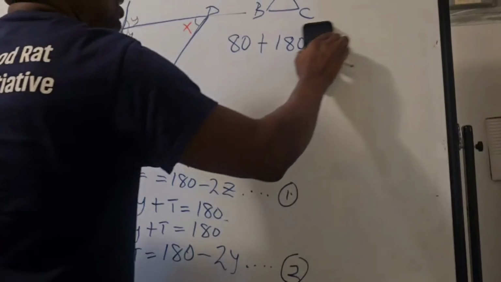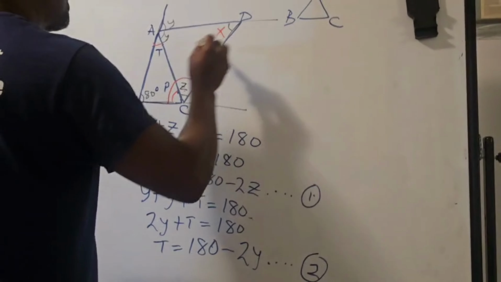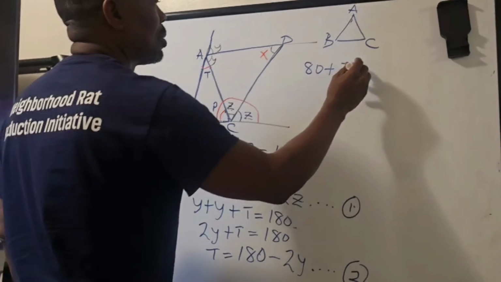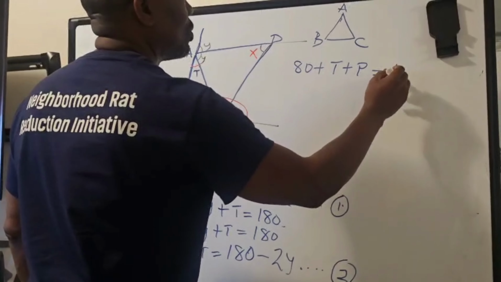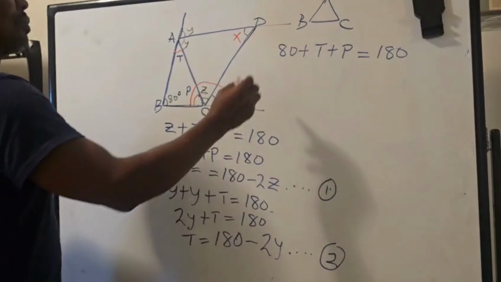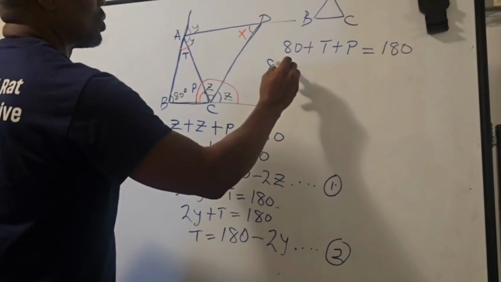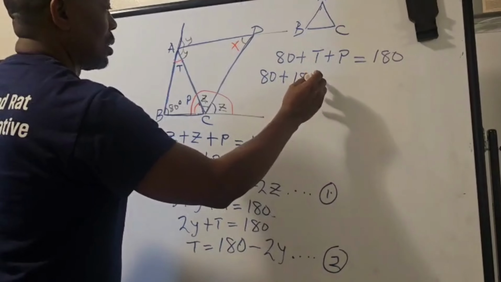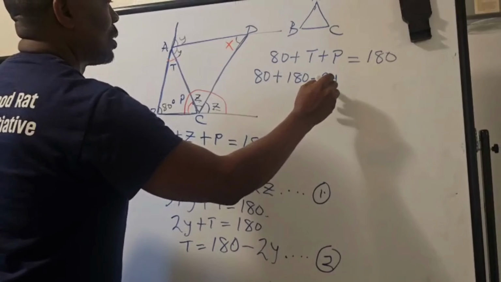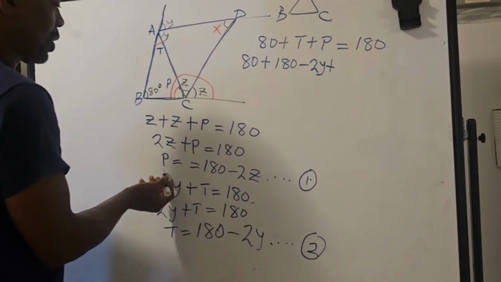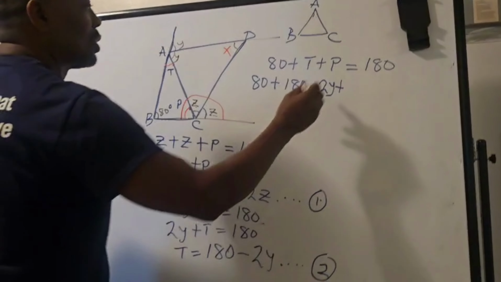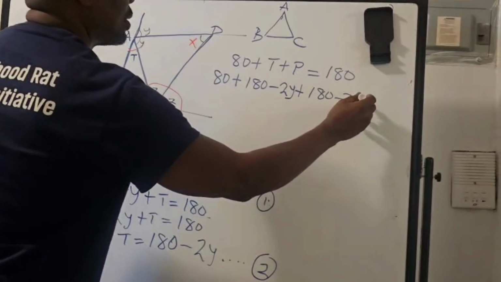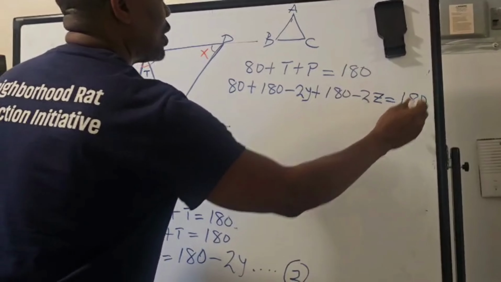Okay, first of all, before we substitute the values, let's do it this way. 80 plus T plus P equal to 180. So 80 plus T, we got T to be 180 minus 2Y, plus P, which we got in equation 1 as 180 minus 2Z, equal to 180.